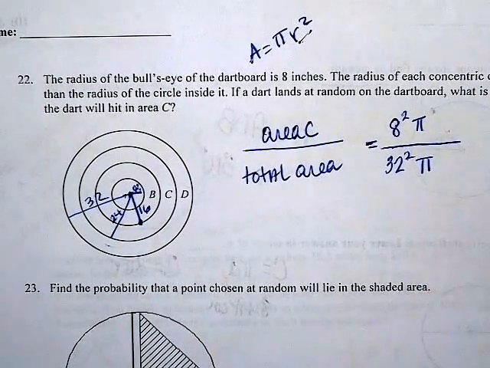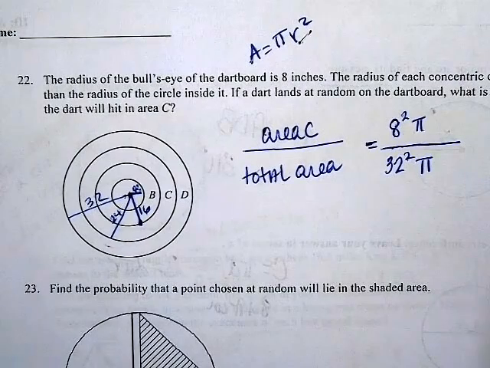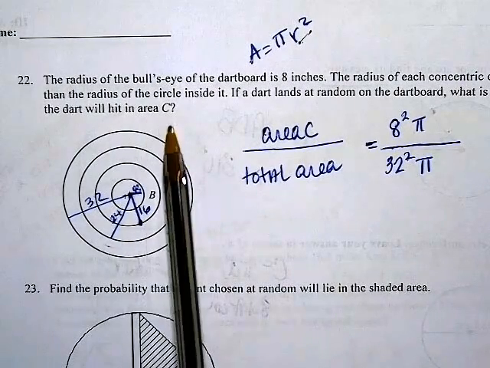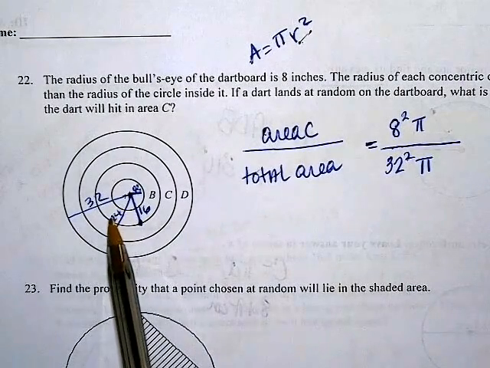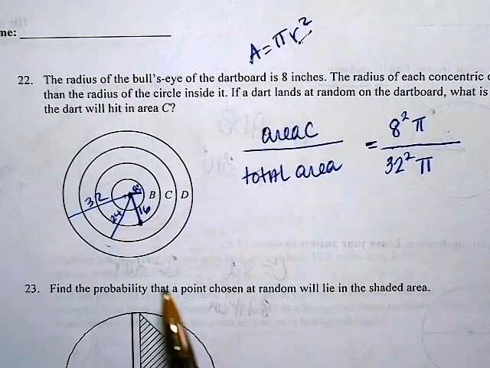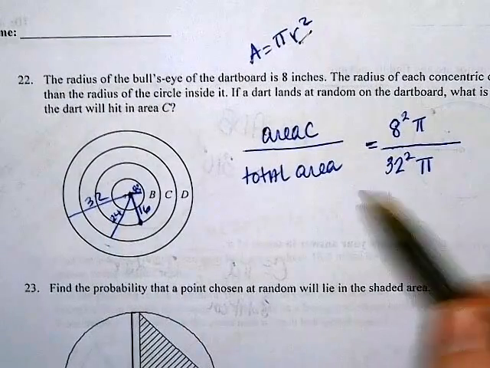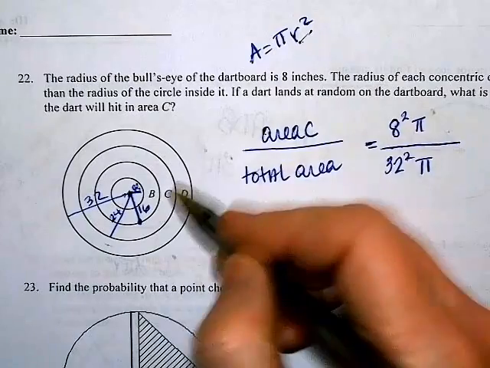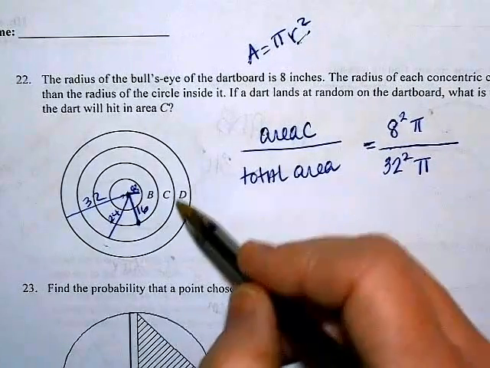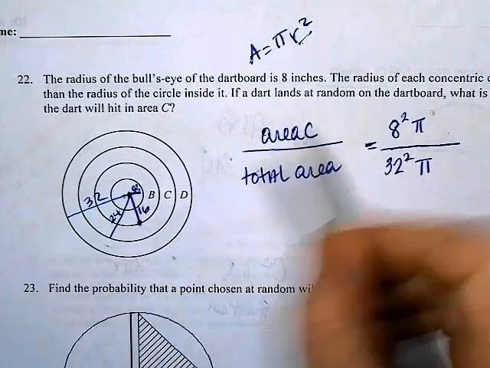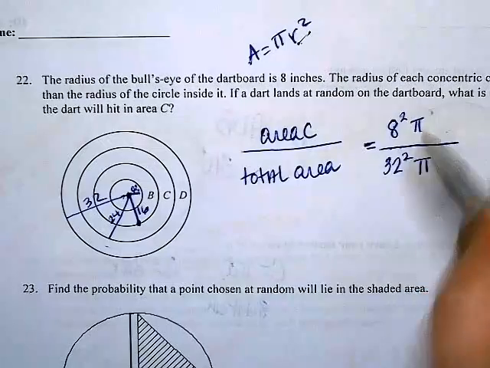Okay. When it says, is it meaning that it will only land in C or land in A through C? Or just C? It says, what is the probability the dart will hit in area C? Area C. I guess that could be interpreted differently. So just C then? Oh, in area C. Oh, what is area C? That's subtracted by. Got to do that, don't we? Okay. So, area C is not 8 squared. What's area C?